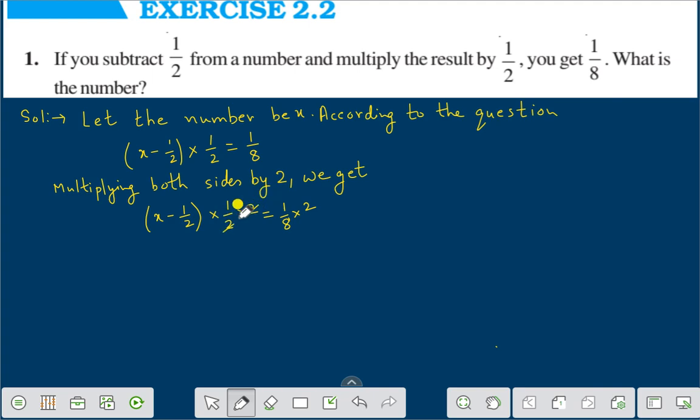This 2 will cancel, and 2 fours are 8, that is 4. So we are getting x minus 1/2 is equal to 1/4.